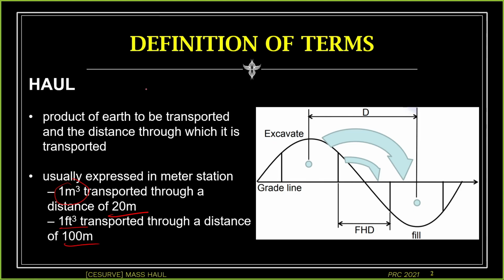So for example, this is our road. Ito yung road natin. So, ito yung, let's say, center line ng road. Ito yung right embankment. Ito yung left embankment. Then, this is the cross-section.